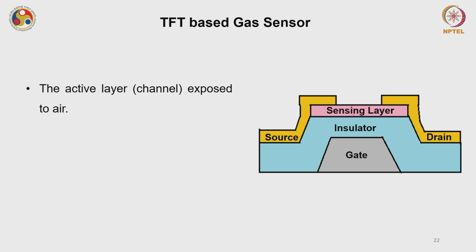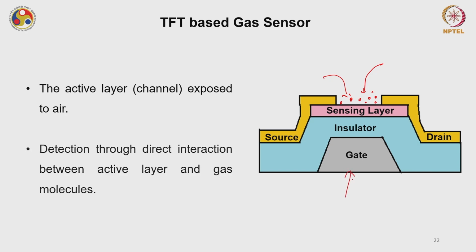The active layer is exposed to the air, so the toxic gases can interact at this sensing layer itself. The device structure is very simple. The sensing layer is exposed and the gate is present at the backside. Detection through direct interaction between the active layer and gas molecules is possible.